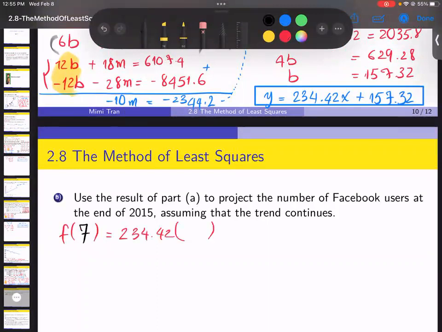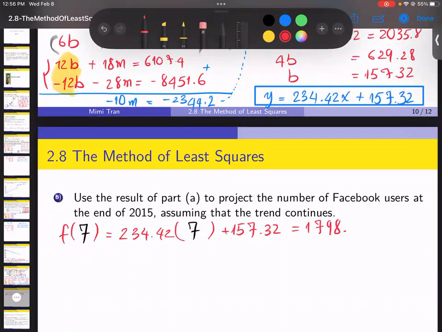Plug it in. Let me tell you the happy ending. $1,798.